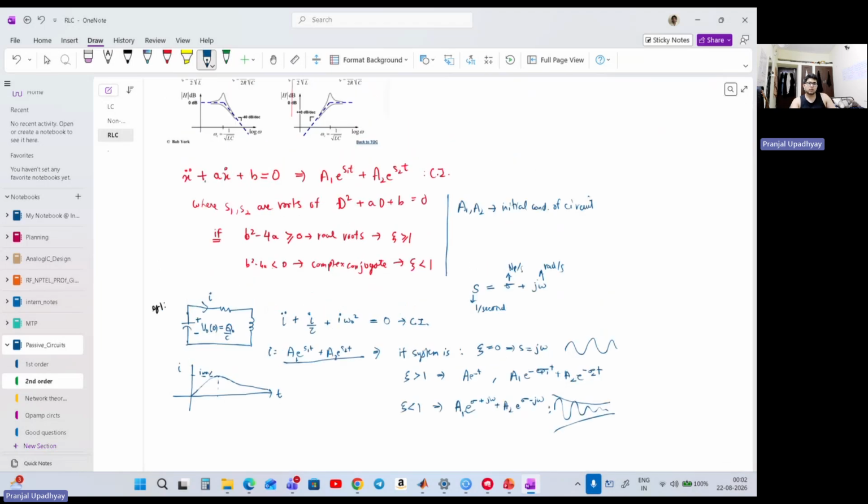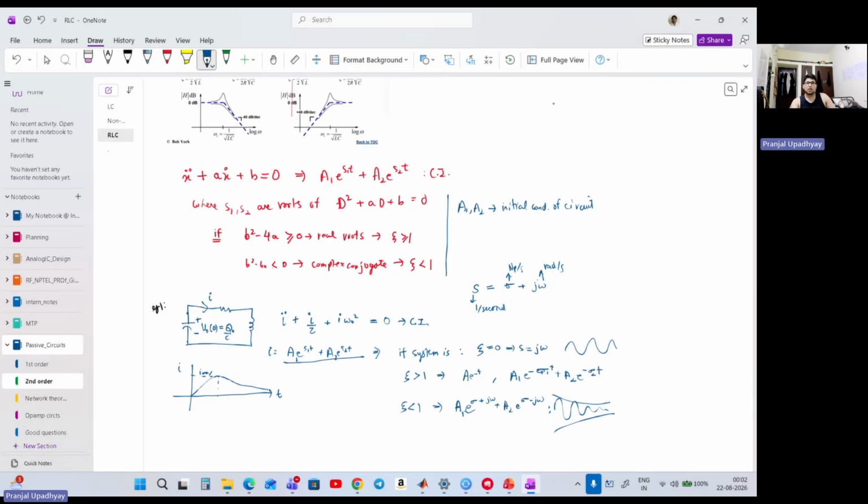So here again, I have just written a general homogeneous second order equation. I know that its solution is this. We have already discussed it actually. So now this S1 and S2 basically determines the nature of the solution. If the roots are real, that implies that the damping factor is more than one, right?